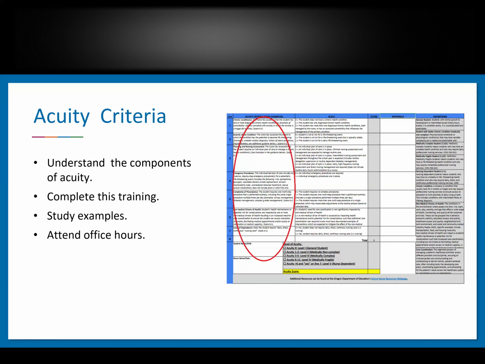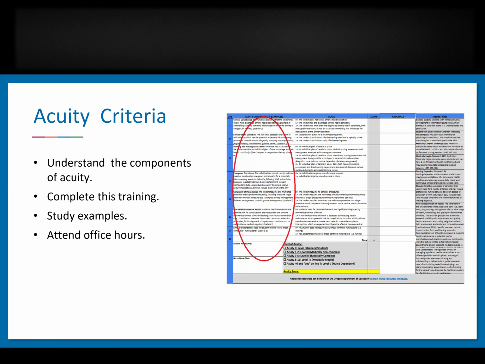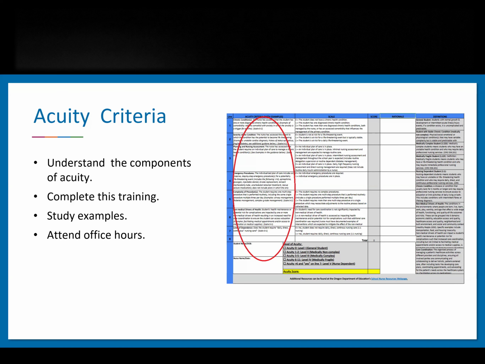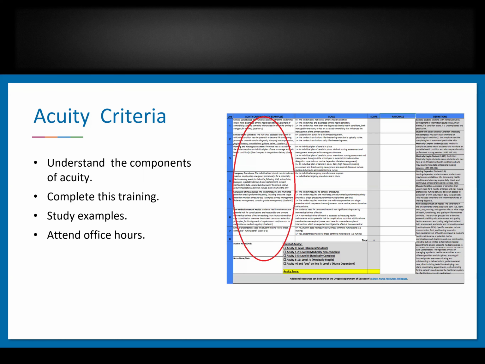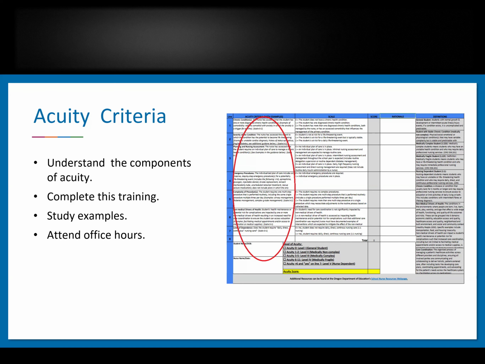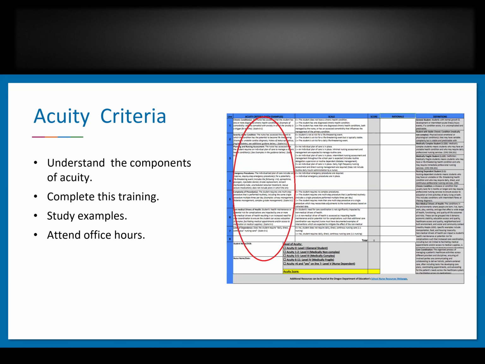They should be familiar with the components of acuity as outlined in the toolkit, complete this training, study the examples below the tool, and attend acuity office hours if they need support to ensure that they understand the descriptions and use the tool consistently across the state. When used as it was designed and intended, the data collected will not be redundant and it will reflect student acuity and not workload. Let's start going through the tool.